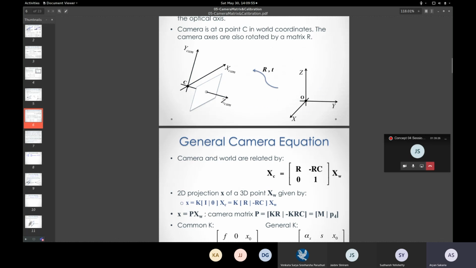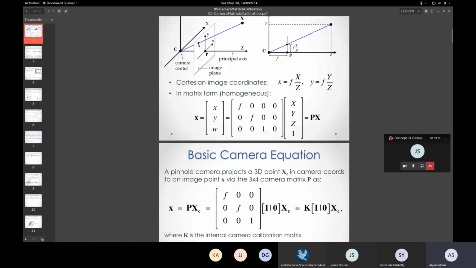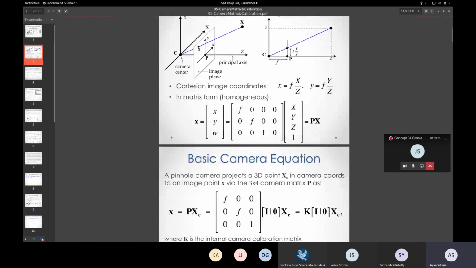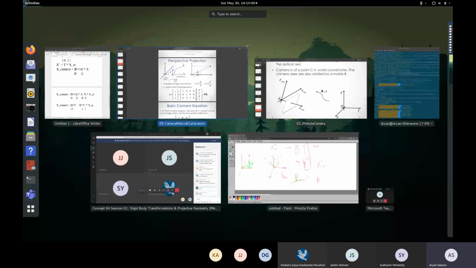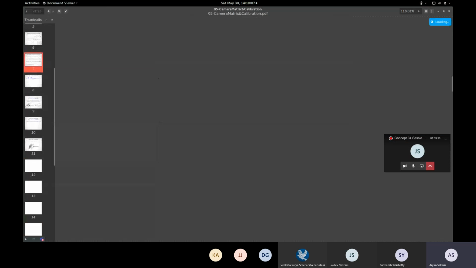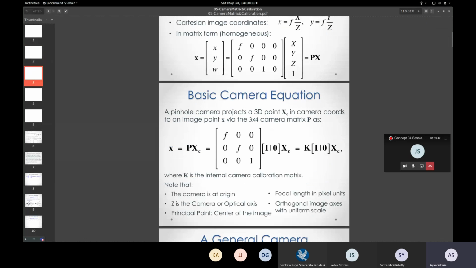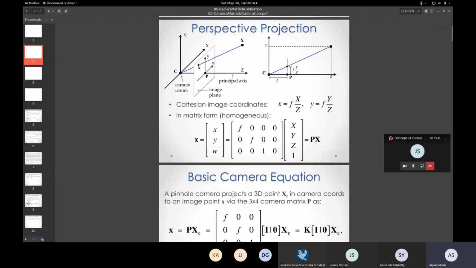So once I get my world points in camera points, you already know the projection matrix. I can just plug it in over here, and I get points in the image plane.